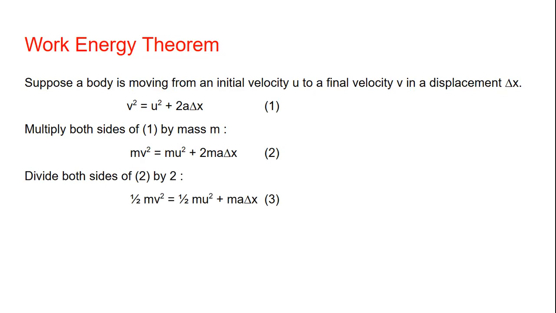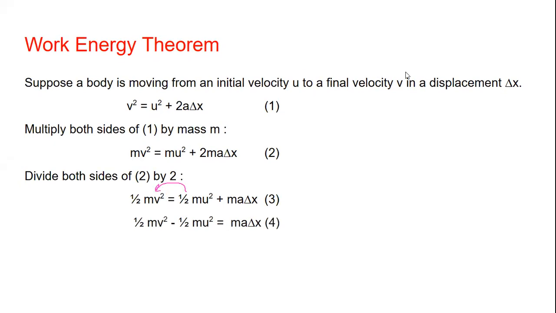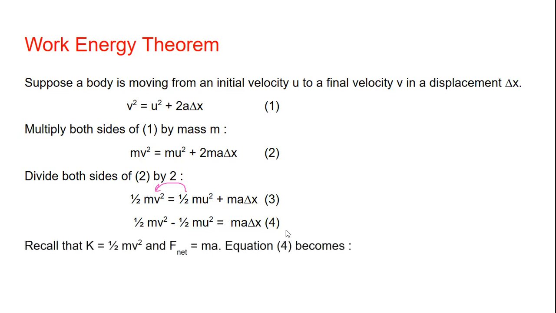That's equation 3. And what we can also do now is take the half mu squared to the other side, and it becomes minus, as in equation 4. So you have half mv squared minus half mu squared equals ma delta x. But hang on, we also know two equations.